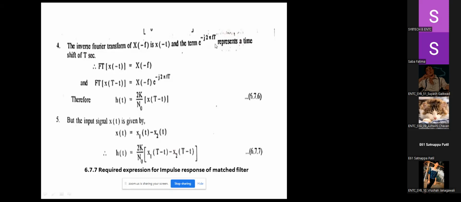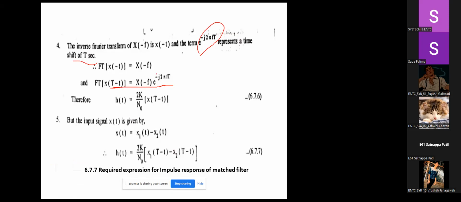There is a time shift. This particular expression, e raised to minus j 2 pi fT, is going to have a time shift of T seconds.